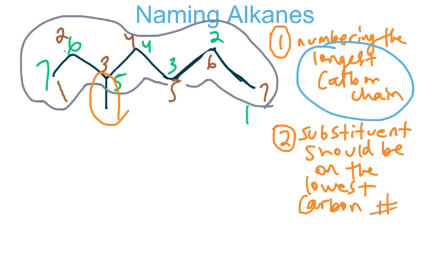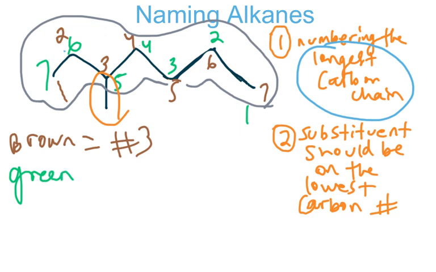So if we focus on the brown numbering, the methyl substituent is on carbon number 3. But for the green numbering, the methyl substituent is on carbon number 5. Who's lower? 3 is less than 5.